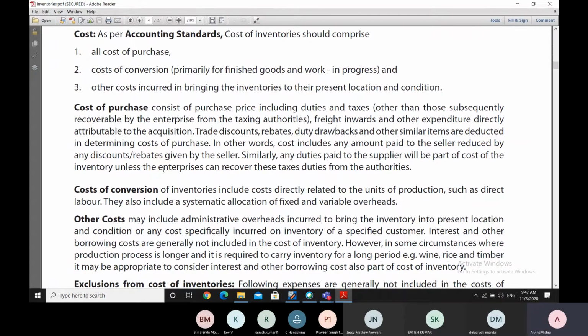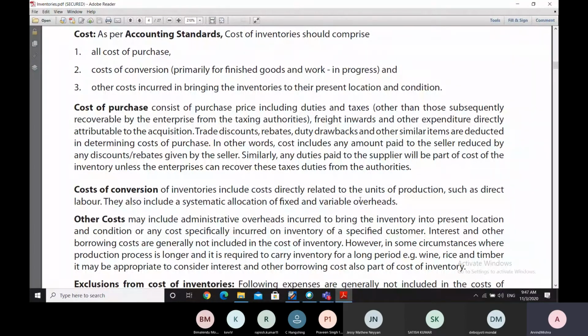Now, what is cost of conversion? Cost of conversion is those costs which are directly related to the units of production which are being produced in the manufacturing factory, just as we can say direct labor, because in converting the raw material into the finished goods or work in progress, labor is utilized. So labor is one of the components.